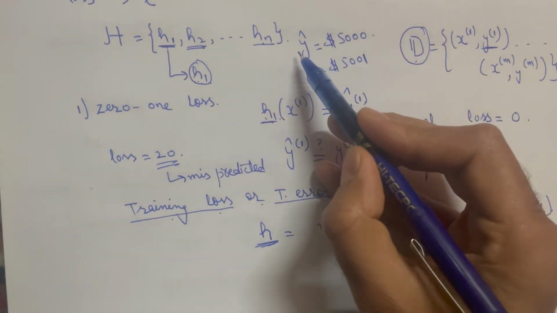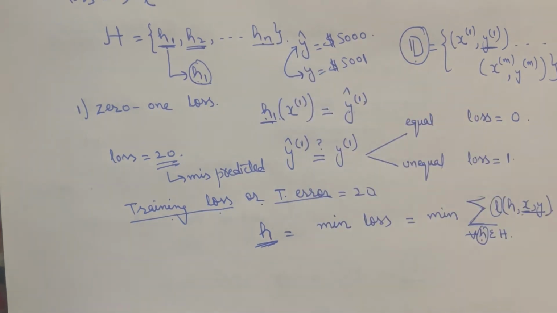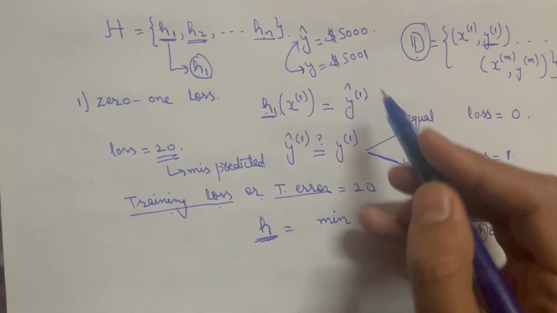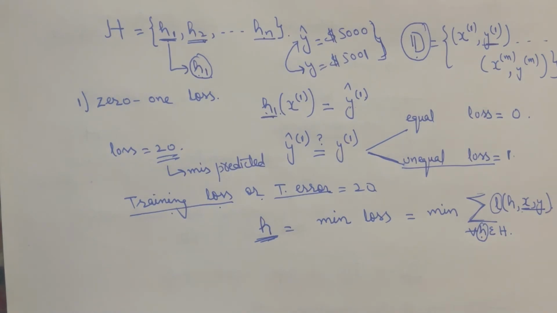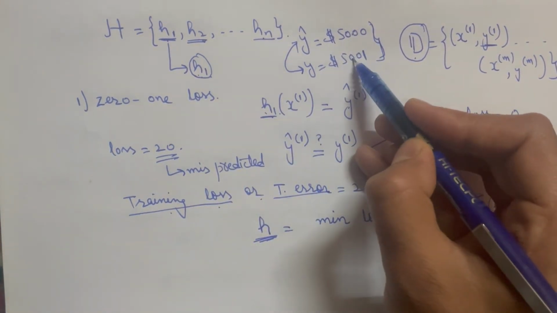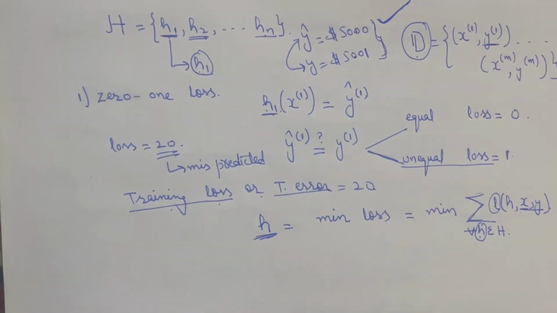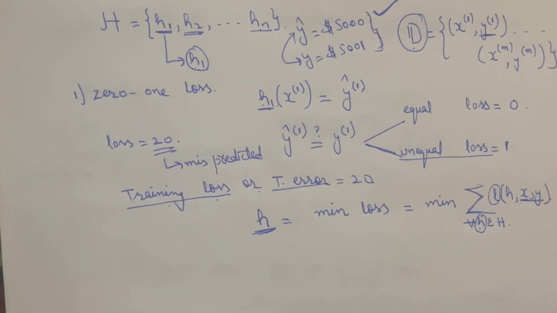You will see that our prediction is close to the actual, but in 0-1 loss it will calculate this as loss equal to 1. So it will say that this is a completely wrong prediction. But you can see that these are very close to each other and we should accept it as a right prediction. So that is why 0-1 loss is not always used.